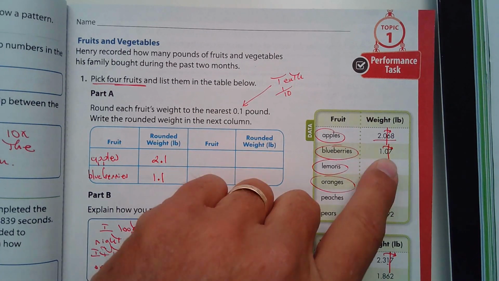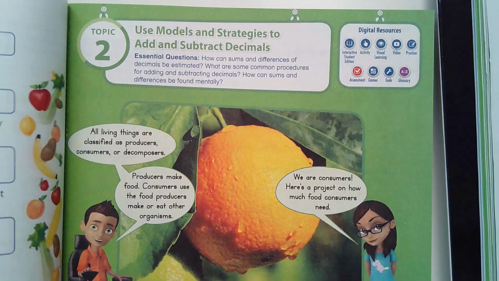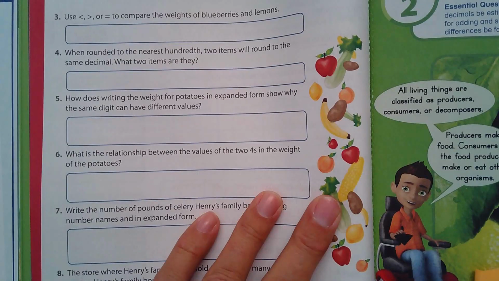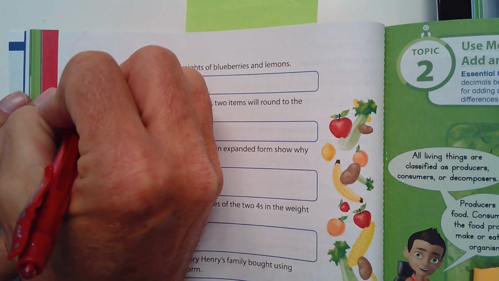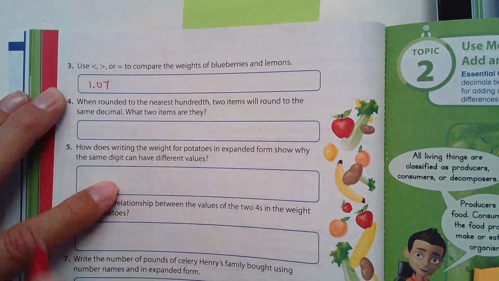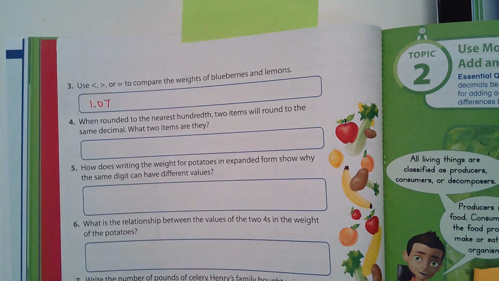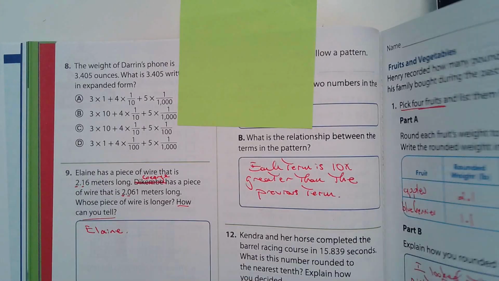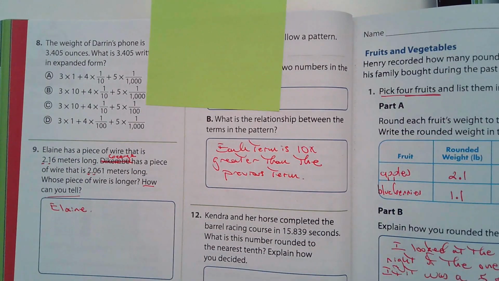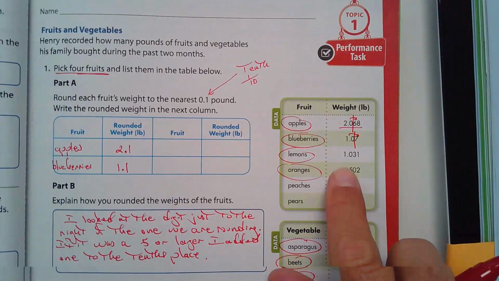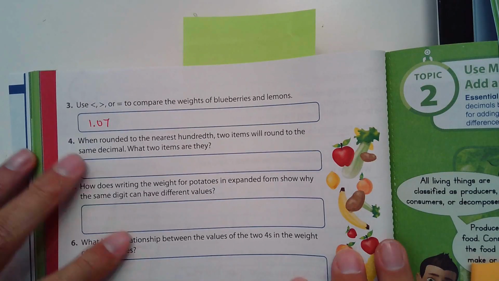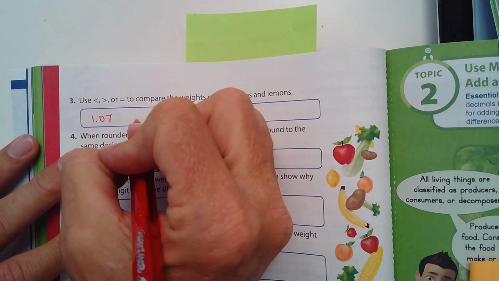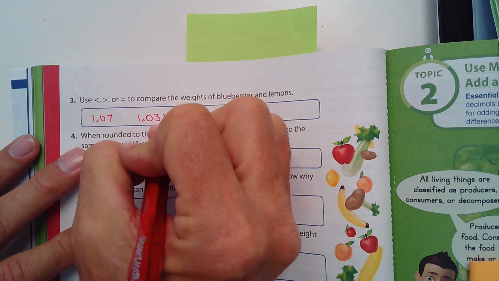So blueberries is 1.07. So let's come over here, and I'll just put 1.07. That's for blueberries. And we're comparing it to lemons. And lemons are 1.031. So I'll just put 1.031.